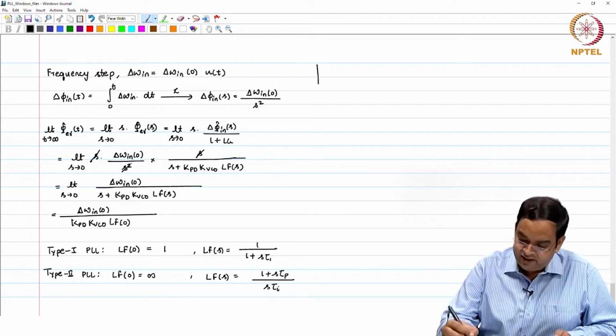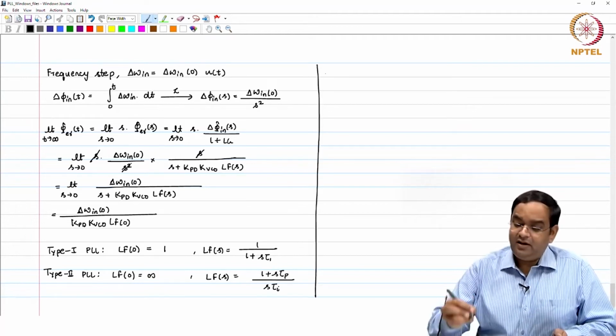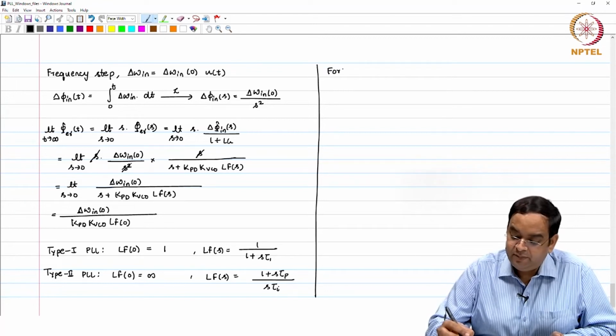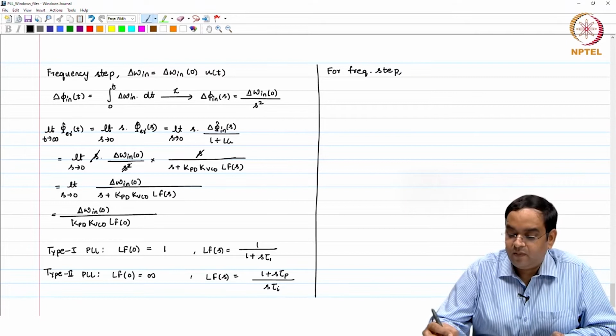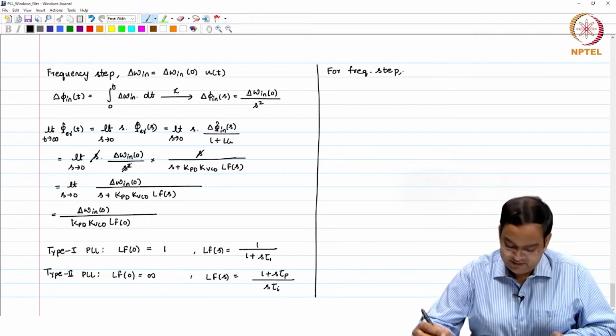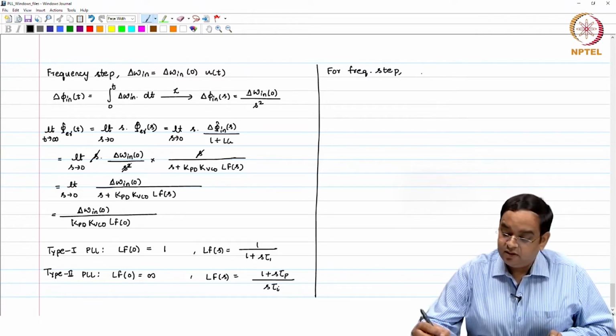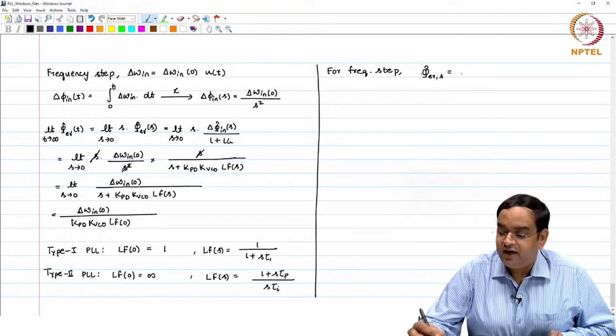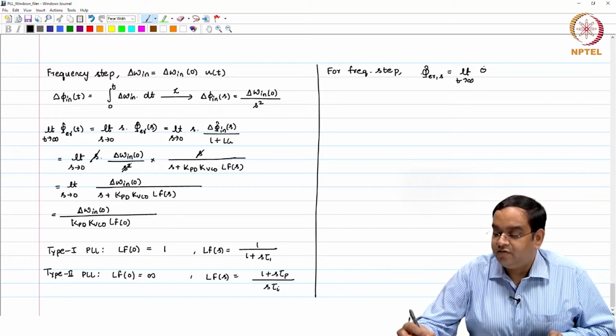If this is the case, then for a frequency step, the steady state phase error, which I am writing as phi error steady state, is termed as limit t tends to infinity phi error of t. Okay.